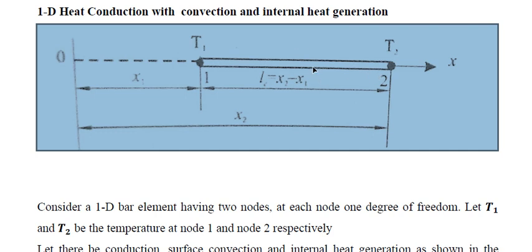Plus there is surface convection above, below, surrounding this element. We are dealing with walls. The element for finite element formulation is taken as 1D, but the real structure is a wall. But there is surface convection around the element.